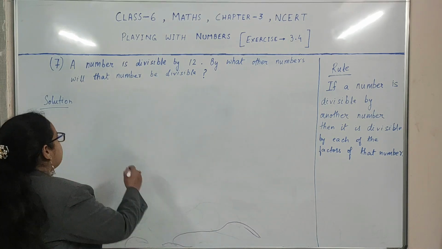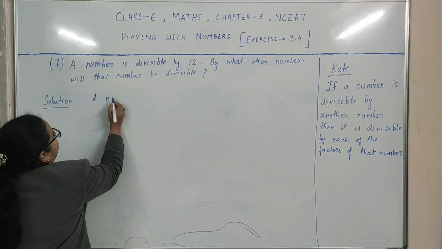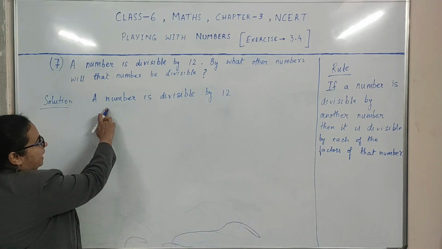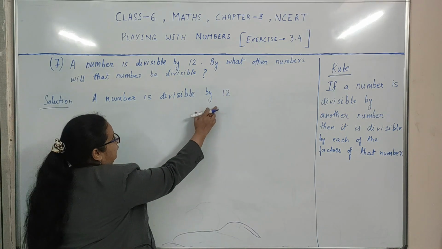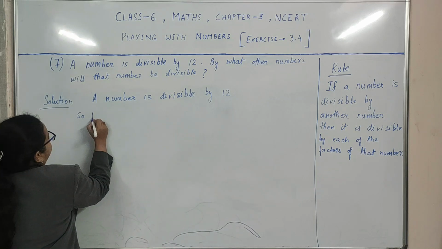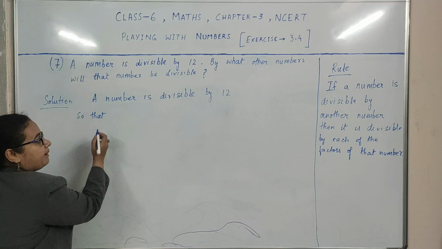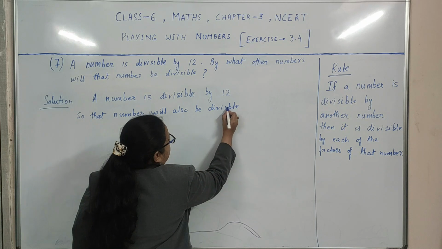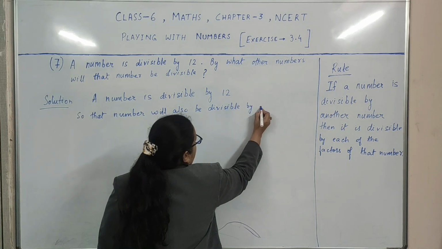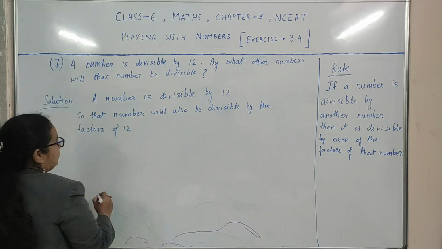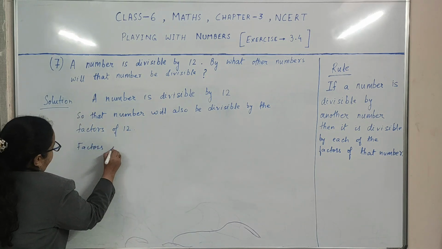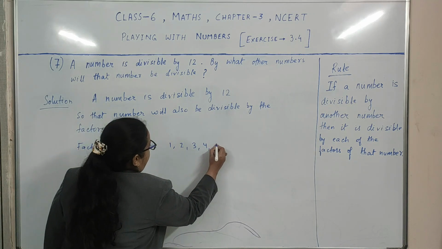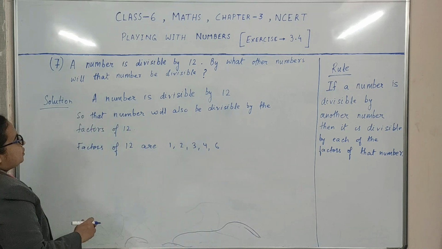So we will do the solution like this. I'll write it. A number is divisible by 12, so that number will also be divisible by the factors of 12. Factors of 12 are 1, 2, 3, 4 and 6.